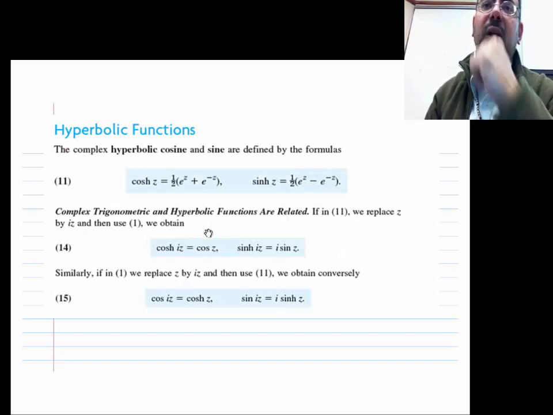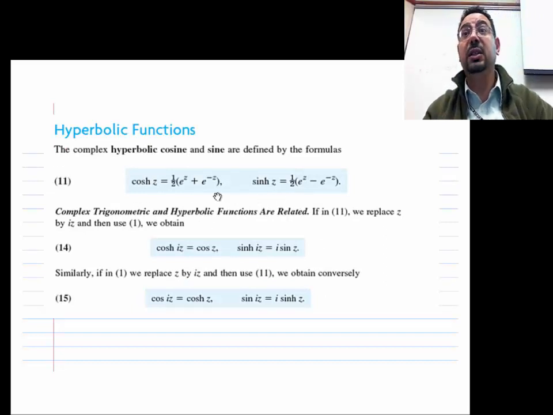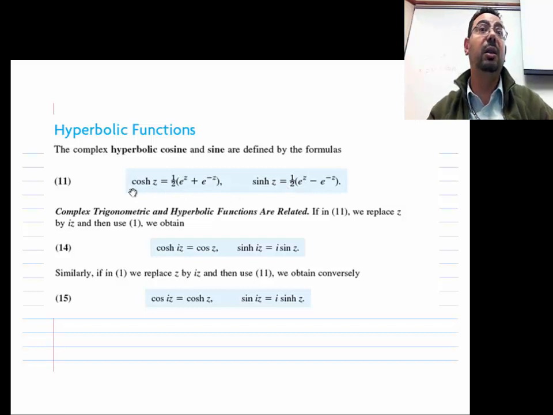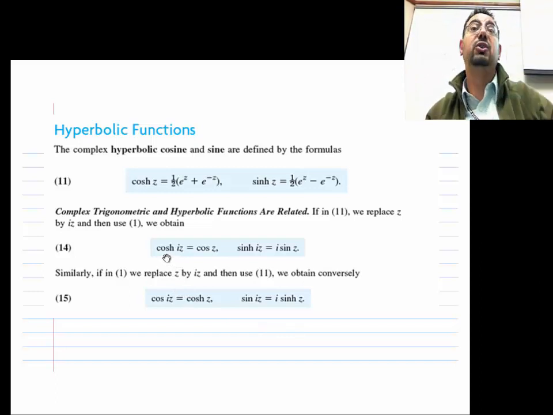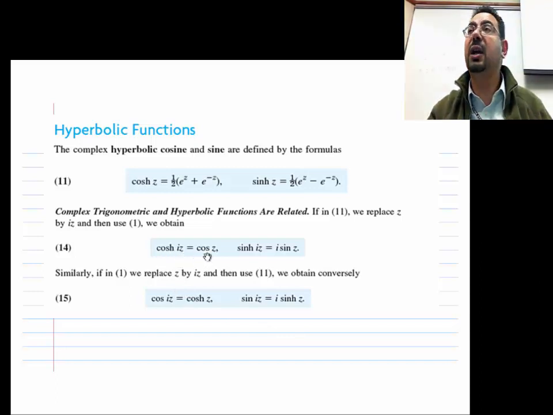Now the cosine and the sine have the same definition as for real numbers. Cosine z is half e to the power iz plus e to the power minus iz, and sine z is half this guy. But here's a really nice trick. Cosine iz is cosine hyperbolic z, and sine iz is i sine hyperbolic z. If you don't believe me, just put an i over here and you can see why this would happen.